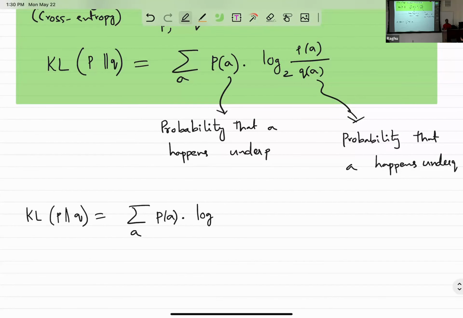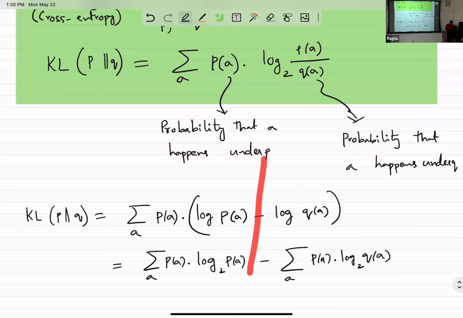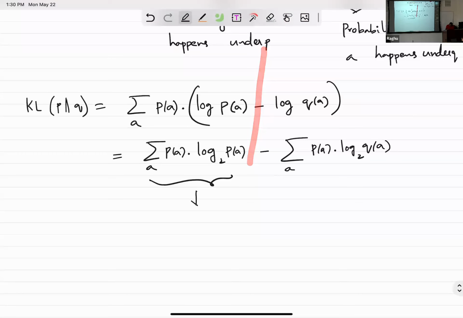Log of A over B is log of A minus log of B. So I can write it as summation over A of P of A log base 2 P of A, minus summation over A of P of A log base 2 Q of A. And this is the entropy of a distribution.